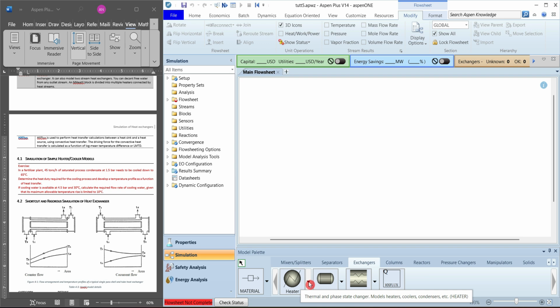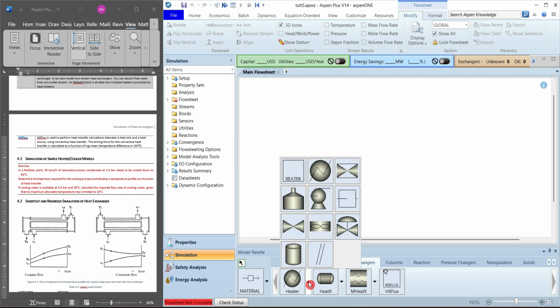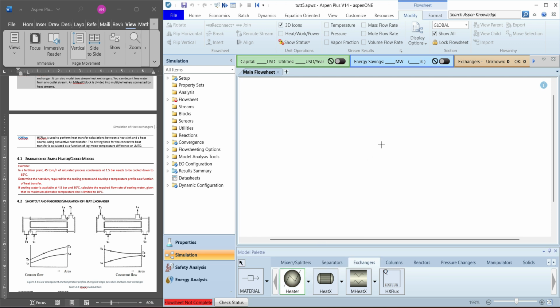You can look for different shapes of the same model. It can be something like a furnace, or they even put an icon of a pump. It doesn't mean it's entirely a pump. It's again the heat transfer calculation model. It can be a valve or a fan, air cooler. So let's use the simpler one, the heater.